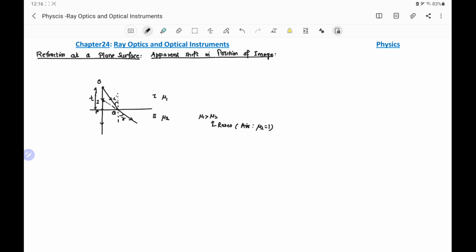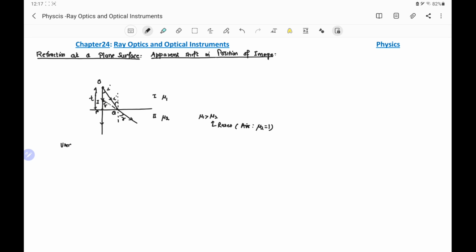If we see, the angle at O is the alternate interior angle and will be equal to I. Similarly, the angle at I will be equal to R because these are corresponding angles.